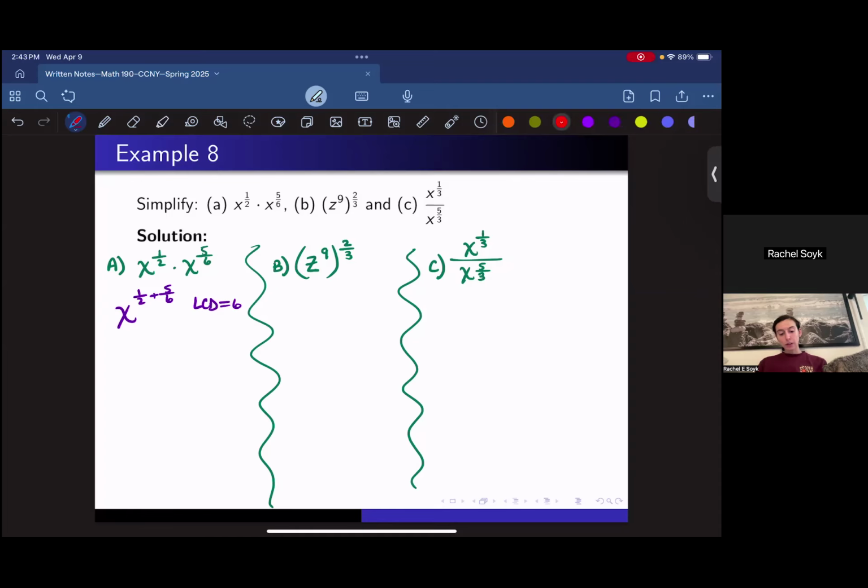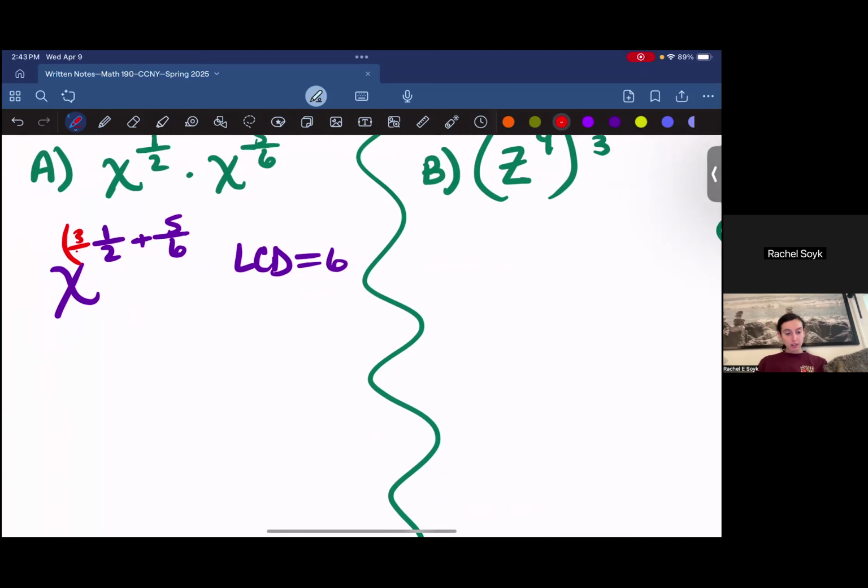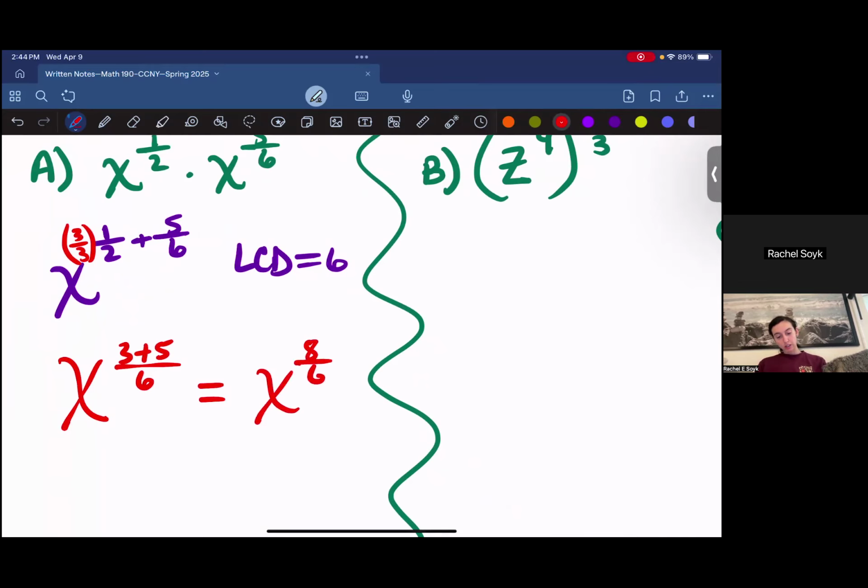Multiply that 1/2 by a fancy form of 1 to get that denominator to be 6. I'll zoom in so you can see it a little bit better. So now we're just looking at x to the 3 plus 5 all over 6, which is just x to the 8 over 6.